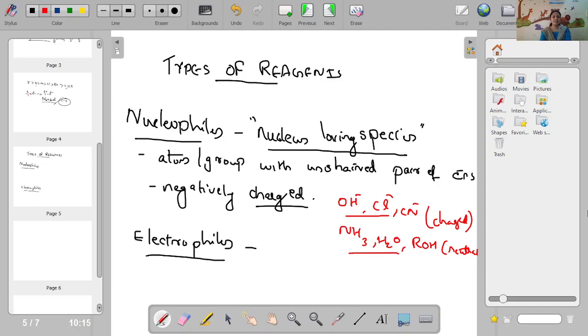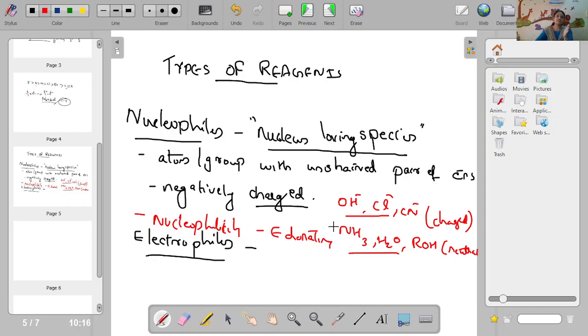Another point is nucleophilicity, that means strength or power of a nucleophile. Nucleophilicity can be enhanced by the presence of electron donating or electron releasing groups, because these are electron excess species, negatively charged or with excess electrons.